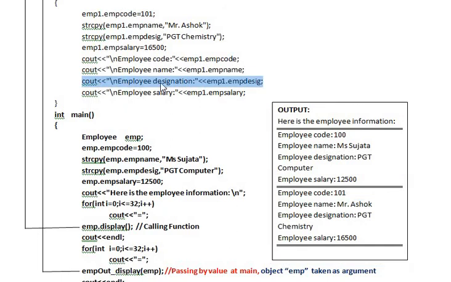Then the next statement prints employee designation and the value of the data member EMP desig belonging to the object EMP1. Now this value is PGT chemistry as shown here. So employee designation chemistry is going to be printed in the output exactly like this.